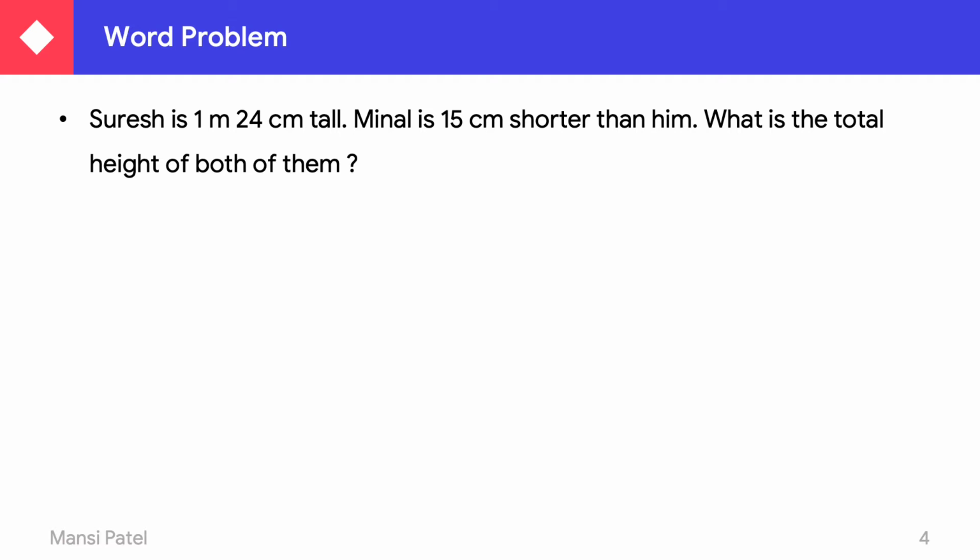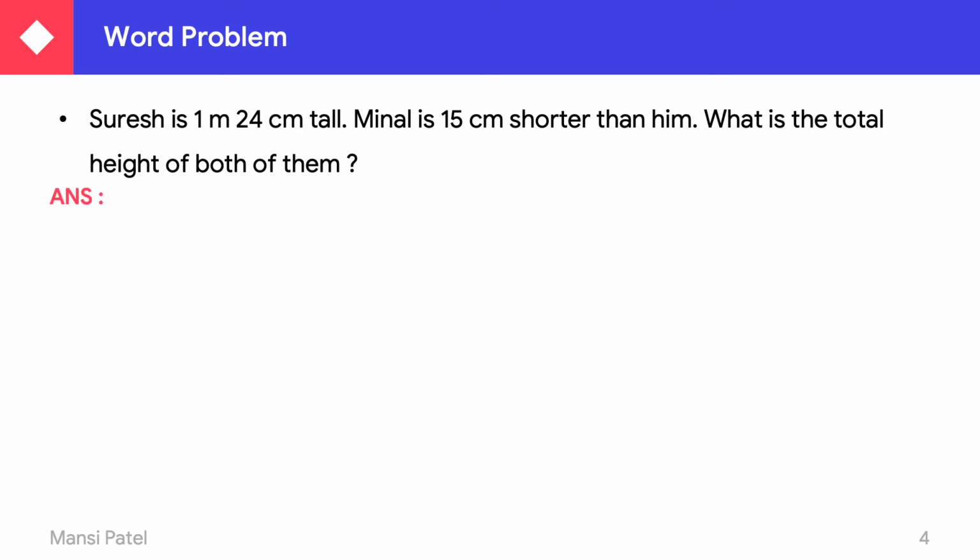But one thing they were given, Minal is 15 centimeter shorter than him. So first, we have to find out the height of Minal. And then after, they are asking what is the total height of both of them. So let us see how we will solve.